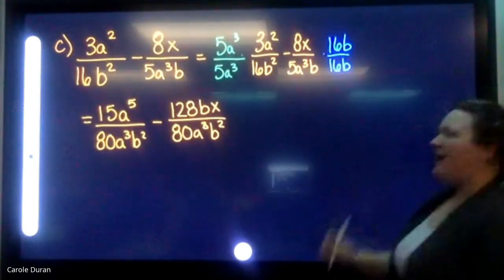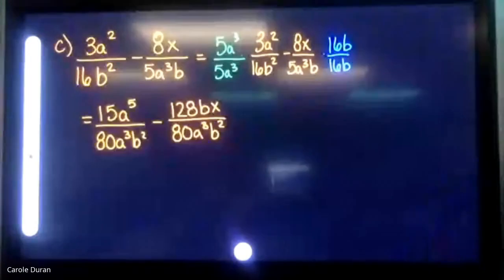Put them together. How am I going to put them together? Am I putting the numerators together? Am I subtracting the denominators too? Or is it just the numerators that we perform the operation on? Just the numerators.